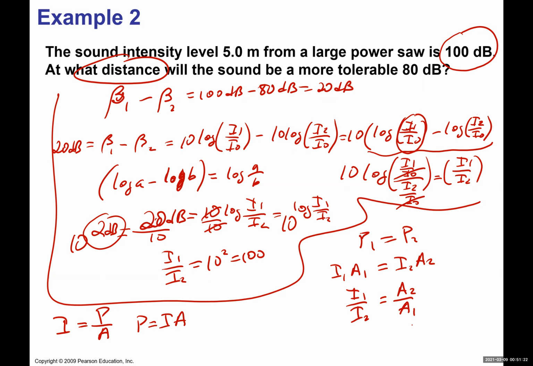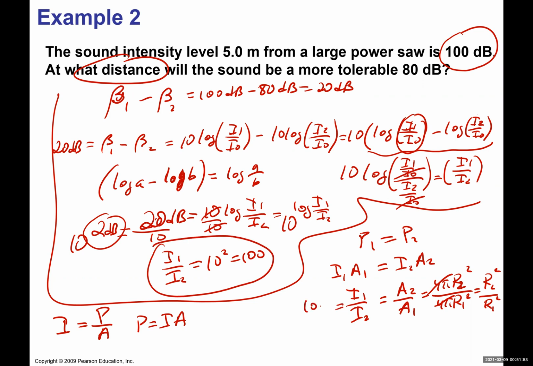Now, my area 2 is 4 pi R2 squared, and my area 1 is 4 pi R1 squared. The 4 pi's cancel out, so area 2 over area 1 ends up being R2 squared over R1 squared. And that ratio of R2 squared over R1 squared is equal to the ratio of I1 over I2, which is just nothing but 100.